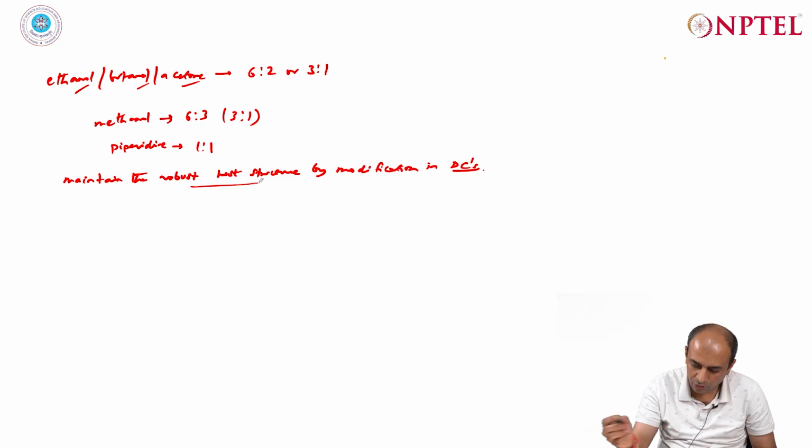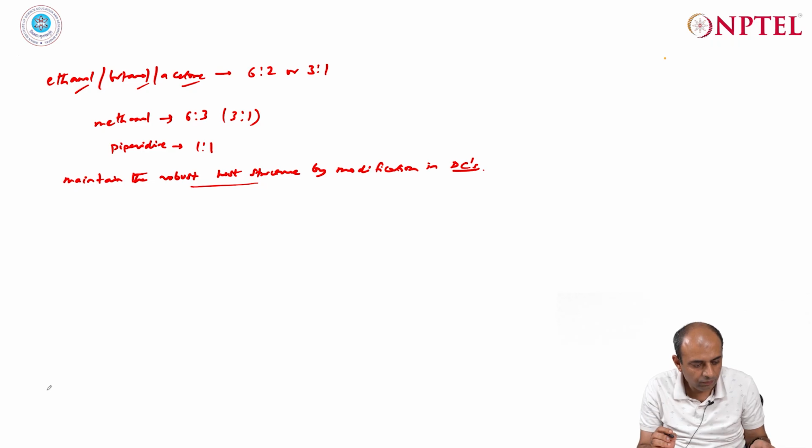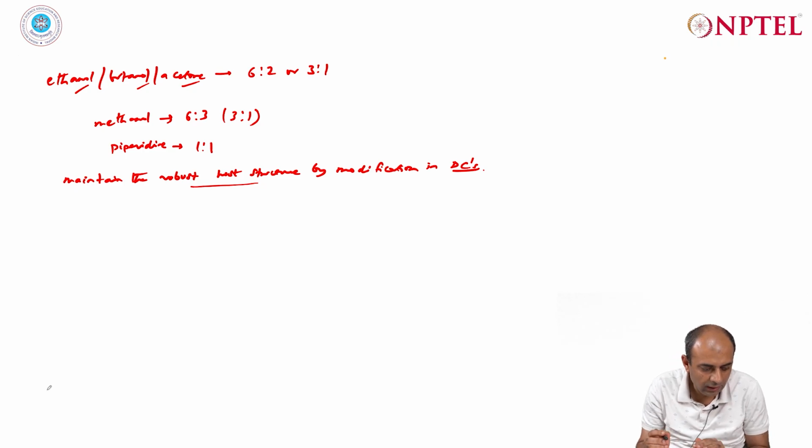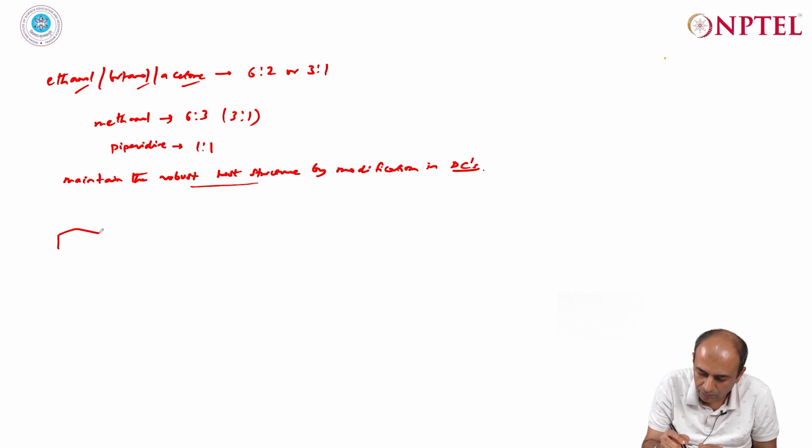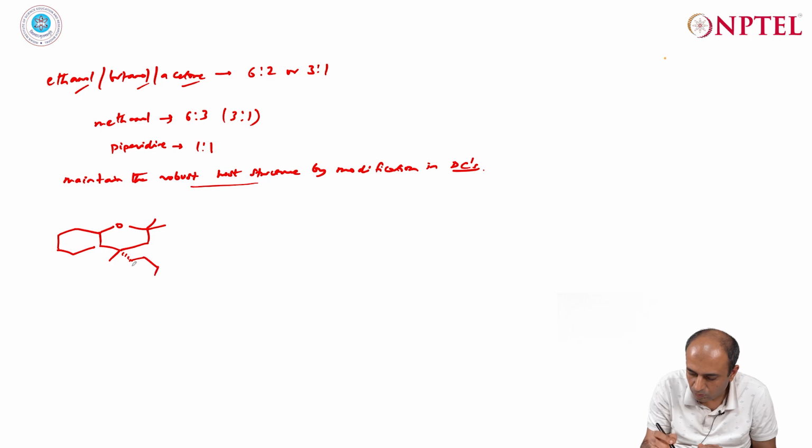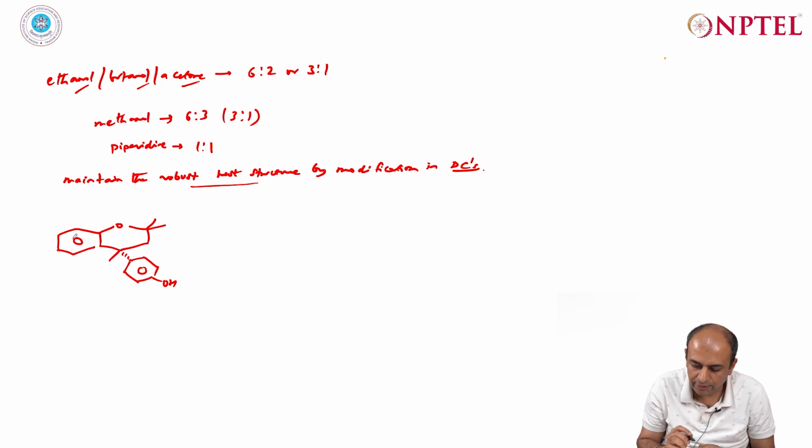So what we can now do is, let us draw the structure. So this is my Dianin's compound, I am labeling this as 2 and this as 4, number-wise.